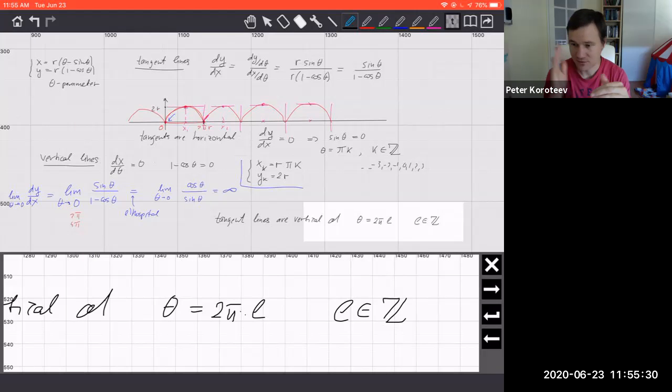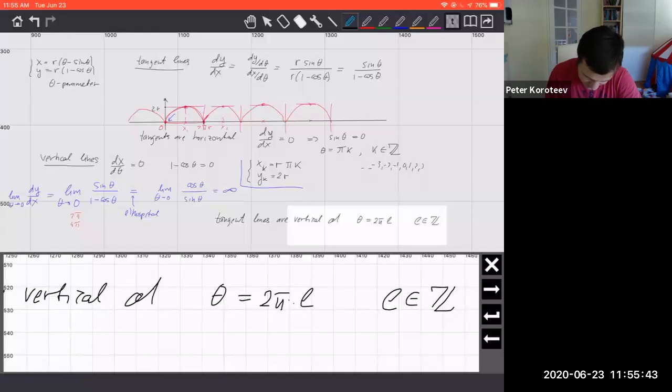So the tangent line becomes vertical every time the wheel completes a full revolution, which just means theta belongs to the set: theta is 2 pi, 4 pi, 6 pi, etc.